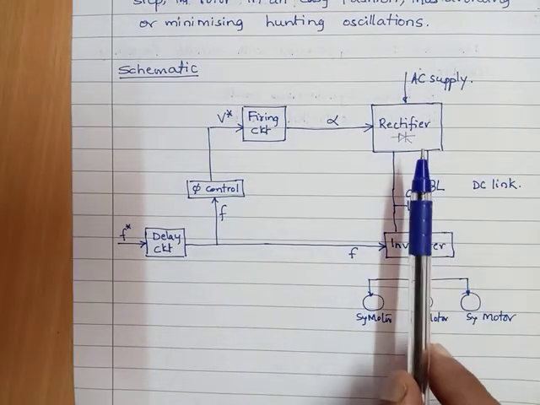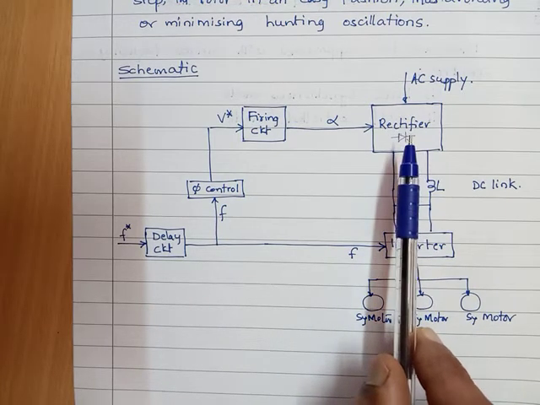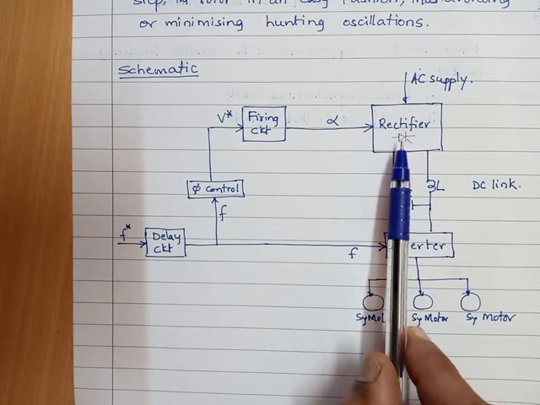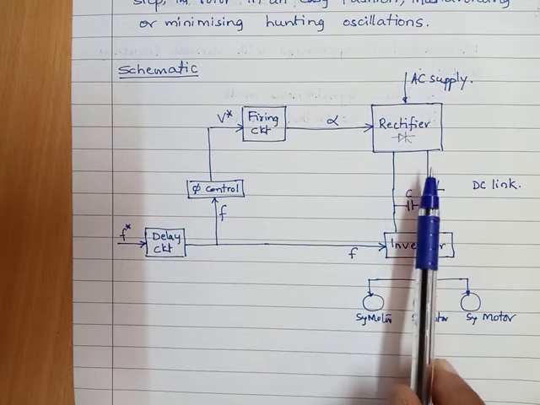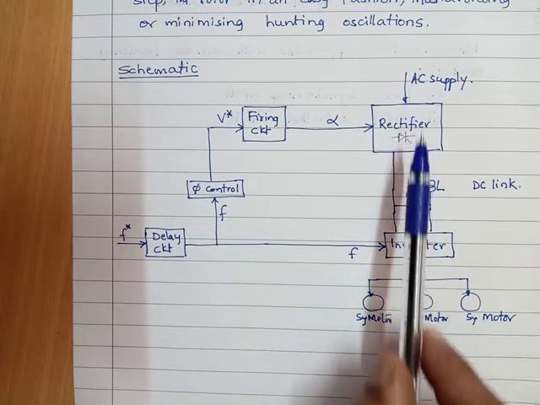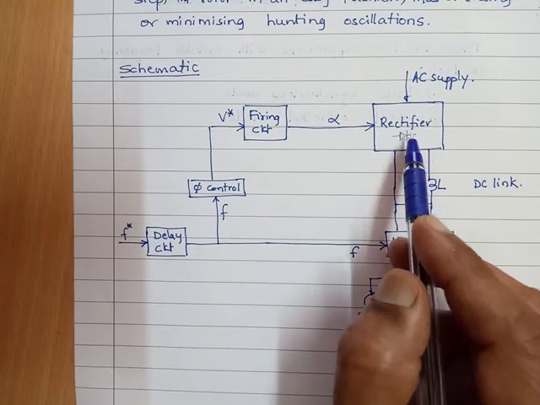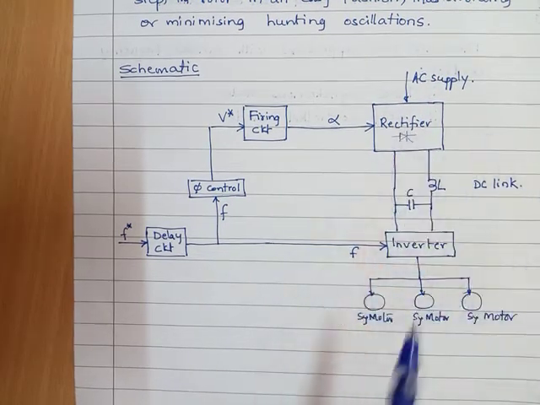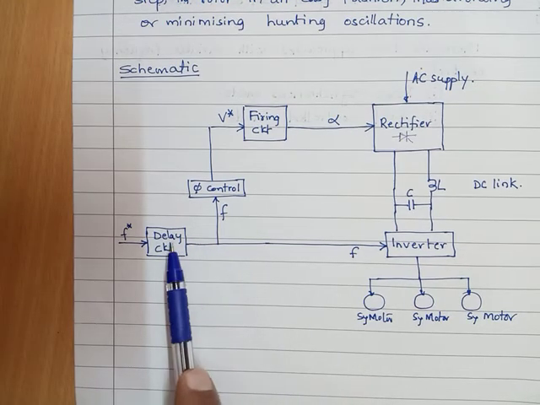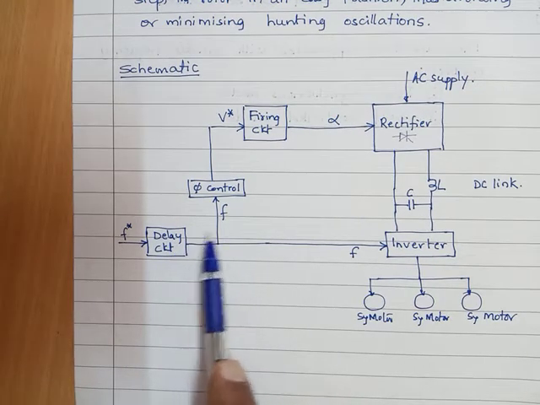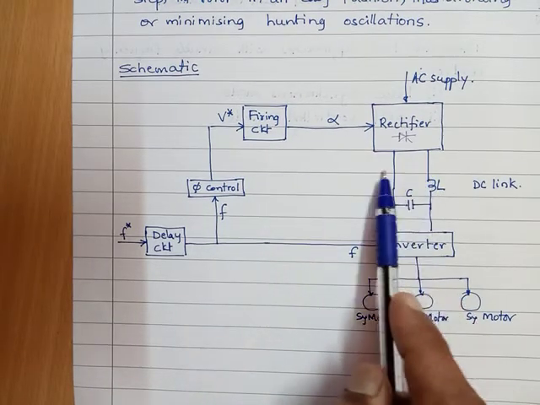SCRs are controlled power electronic devices. By changing the alpha firing angle of these devices, the rectifier output can be changed. We know that. So for a 3-phase AC supply, this will be a 3-phase rectifier. Now, by changing the firing angle, the magnitude of this voltage can be changed.